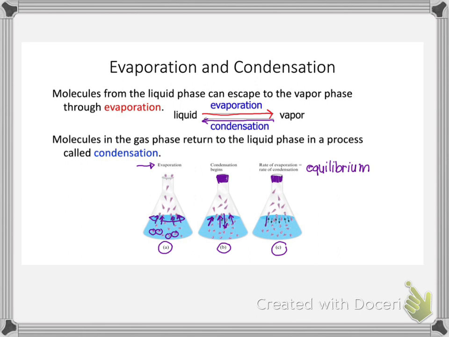Now you'll notice it has up one, down one, up one, down one, up one, down one. So over time, as much as is evaporating, it's condensing. To our eye, it actually looks like nothing's happening, but it's a continual active process. It's not static.